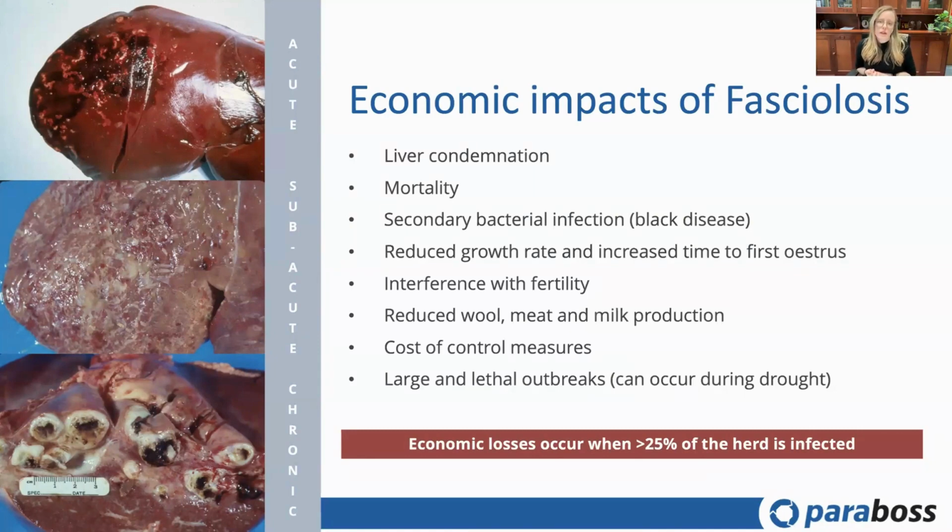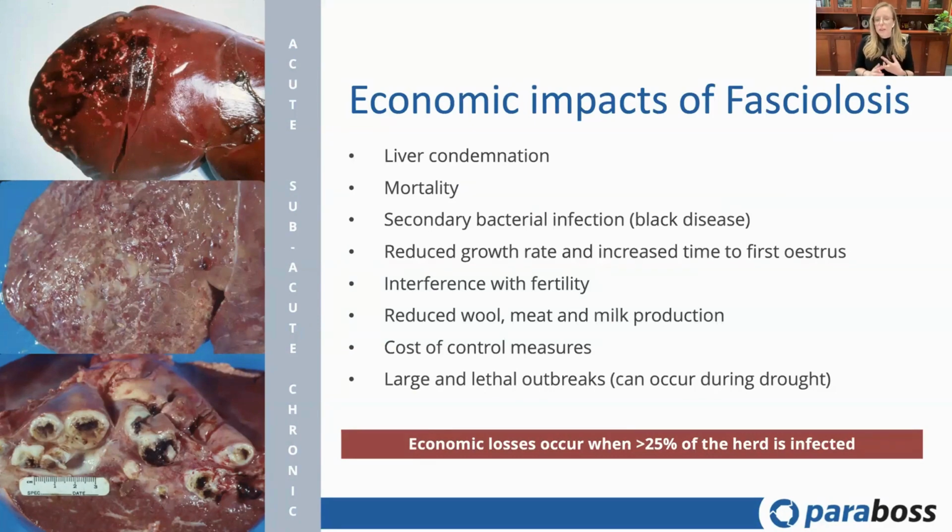Generally, it is considered that once you reach 25% prevalence within your herds, you're starting to see production losses. Like many parasitic diseases, they're very difficult to tease out and specifically quantify because they are quite broad, and many other factors contribute to this. Obviously, you're seeing things like liver condemnation and sudden death in sheep in particular.